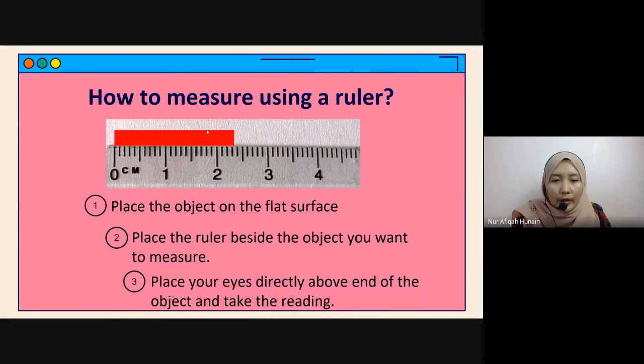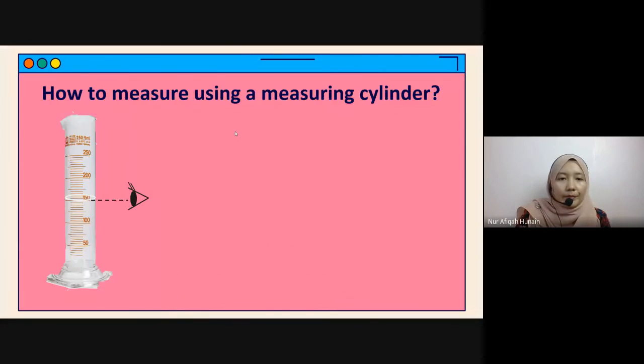Don't say this is 0.3, because this is 2, so it exceeds 2. So 2 plus 0.3 equals 2.3 cm. Okay, move to next slide.